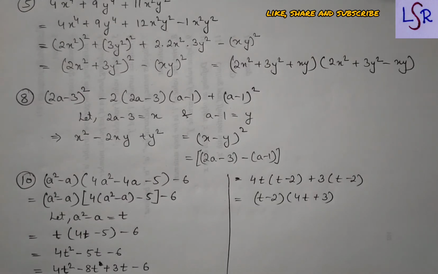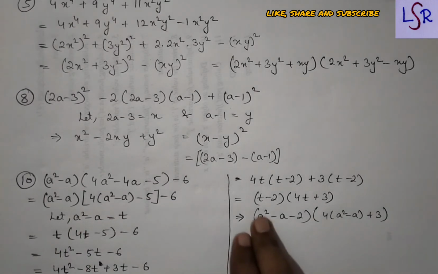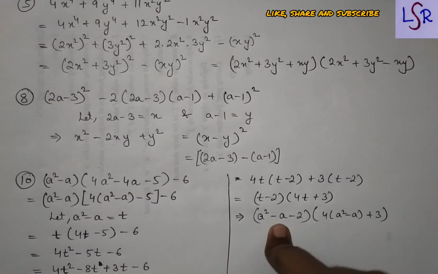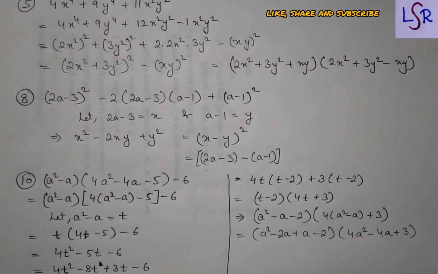Now after this we have to replace the value of t by a square minus a. After replacing the value of t, we see that this bracket can be further factorized by splitting the middle term. We have minus a written as minus 2a plus a, and the product of these two is 2.